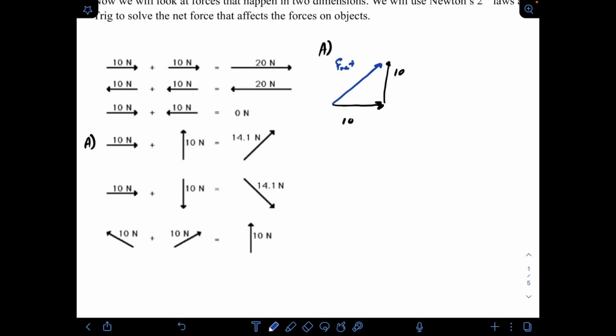So 10 squared plus 10 squared equals 14.1 newtons. For B, it looks like the same thing happens, only we have a positive x direction and then a negative direction in the y, and we still get that 14.1 Newton number. All right.